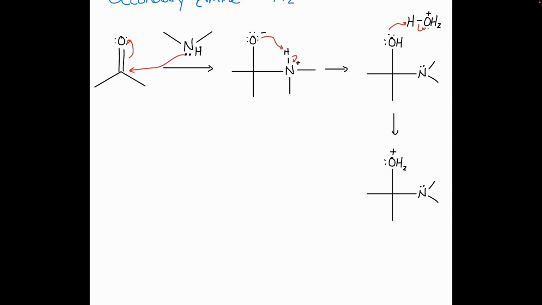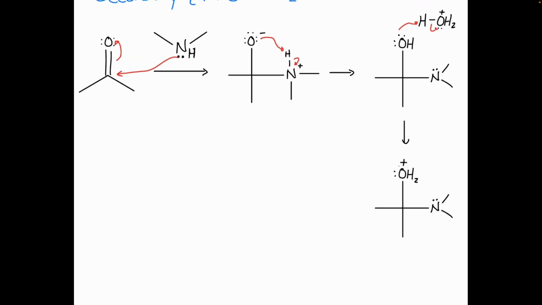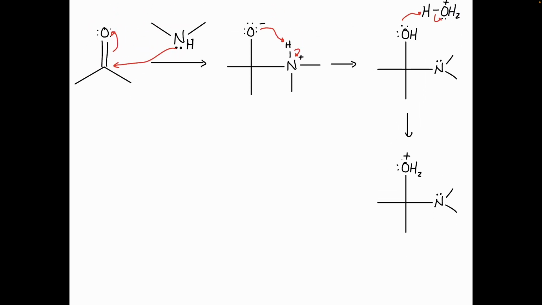All right, but what is it that's going to actually kick that water off? That lone pair on that nitrogen. And so up until now, everything has been exactly identical to our reaction mechanism for our primary amine until we get to this step right here.